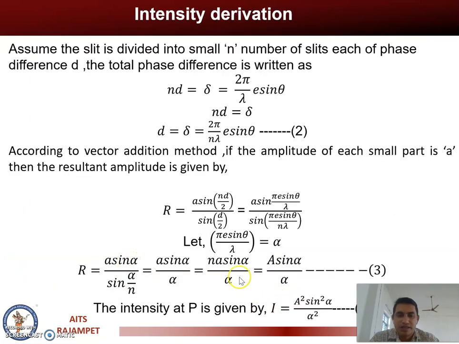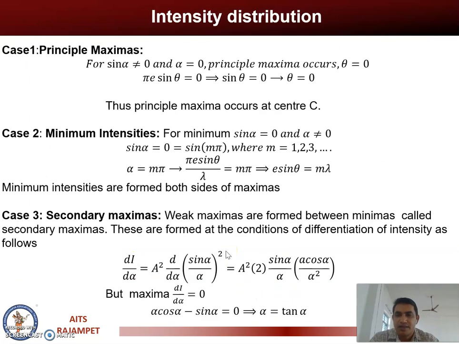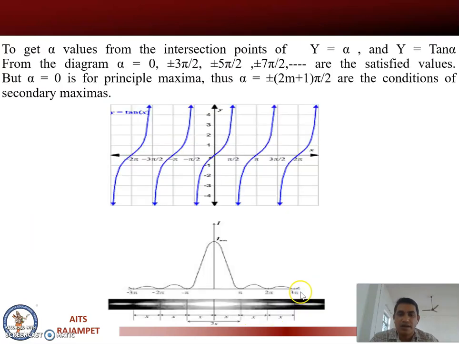We can differentiate this equation, then we will get the secondary maxima, that is dI by d alpha is equal to A square d by d alpha of sin alpha by alpha whole square, that is equal to A square into 2 sin alpha by alpha into alpha cos alpha minus sin alpha by alpha square. For maxima dI by d alpha is equal to 0. Then we can write alpha cos alpha minus sin alpha is equal to 0, and alpha is equal to tan alpha.